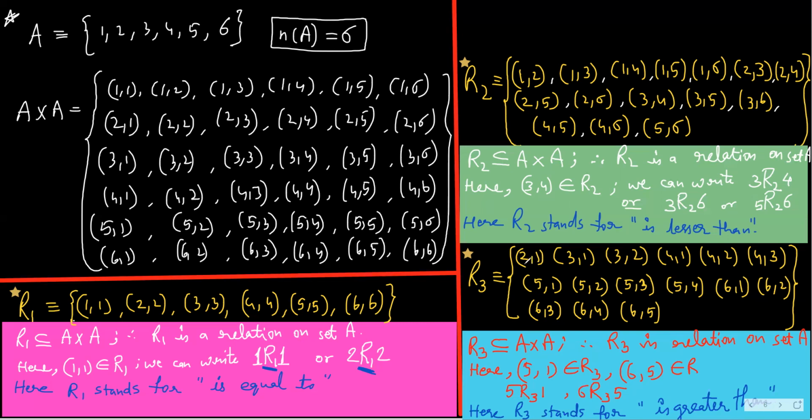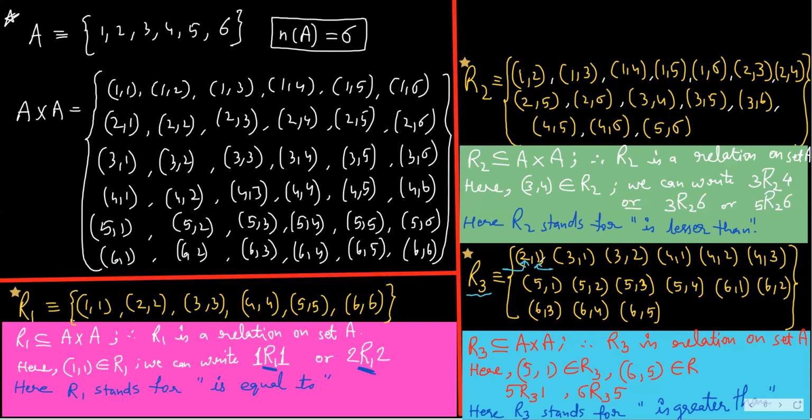Every first component is related to the second component under R3. Try to understand.